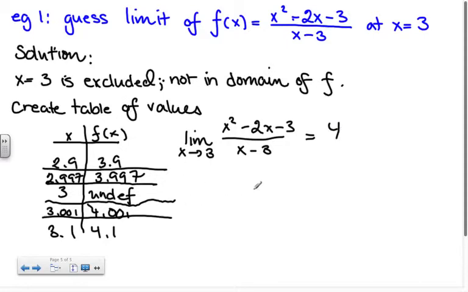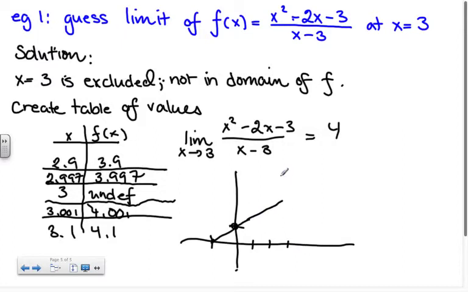Looking at this, if I graph this function, it's of course a linear function. Can't really draw, but it'll do.